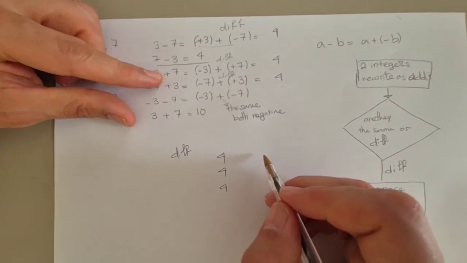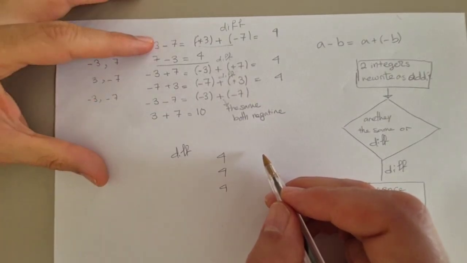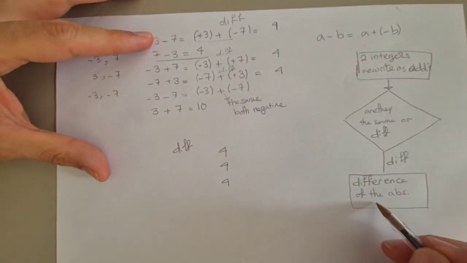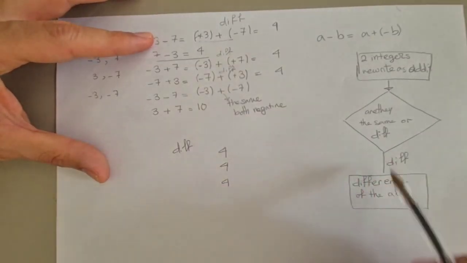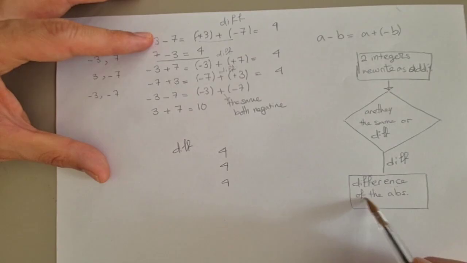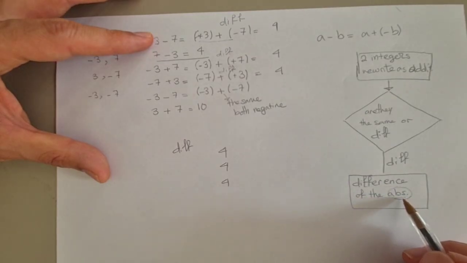Then what I'm going to do next, I need to find what sign I'm going to write. So basically, I found the value which I'm going to write down here. And the value would be the difference of absolute values. By absolute value, what I mean is that I ignore the sign. So if it's -7, I will just say 7. And if it is -3, I'll just say 3.